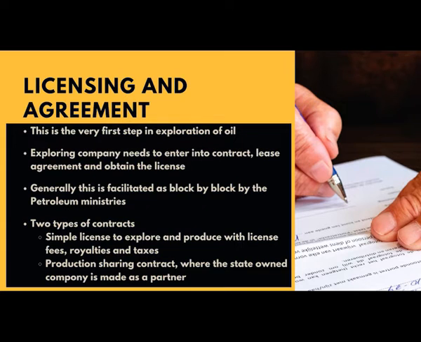One is a simple license to explore and produce oil, wherein they have to just pay the license fees, royalty, and taxes. The second case, they have to get into a production sharing contract where the state owned company is also made a partner. So, this is more like a joint venture kind of operation. Throughout the world, most of the companies operate in these kinds of agreements.